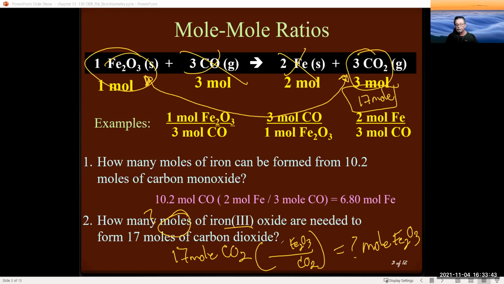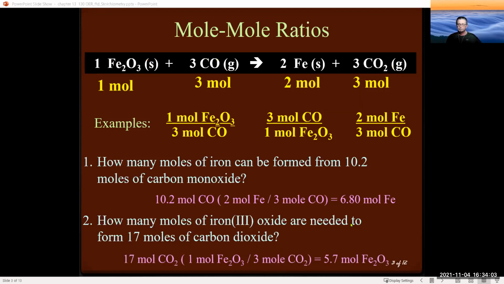The ratio is 1 for the iron 3 oxide and 3 for the carbon dioxide. So if you want to make 17 moles of carbon dioxide, you're going to need a third of that 17, which corresponds to 5.7 moles of iron 3 oxide needed to begin with.